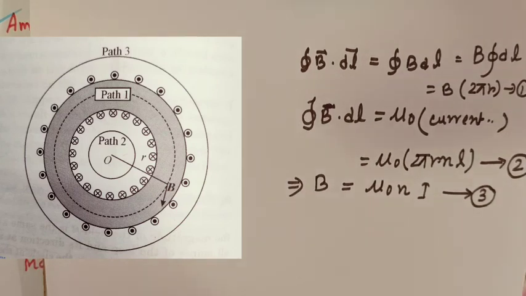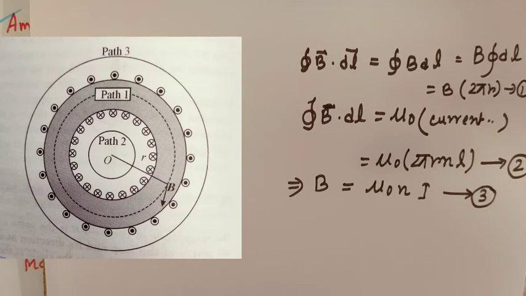Okay. Now listen carefully. The magnetic field at any other point not enclosed by the toroidal winding is 0. This can be shown by considering the Amperian loops labeled as path 2 and path 3 in this figure.